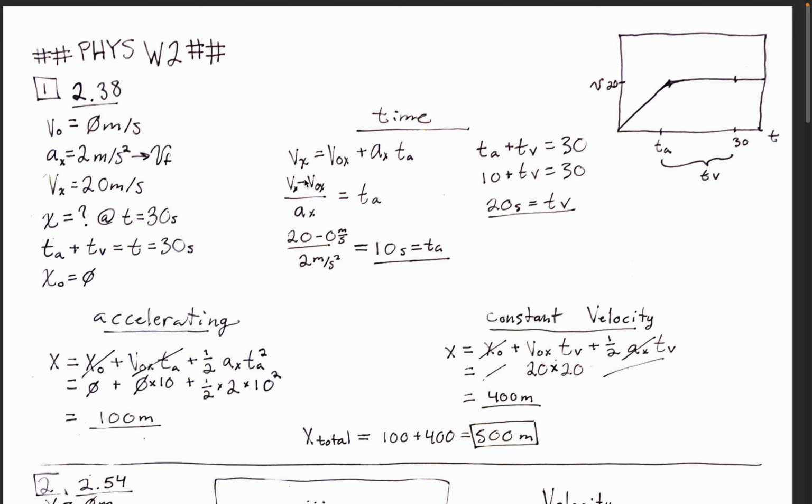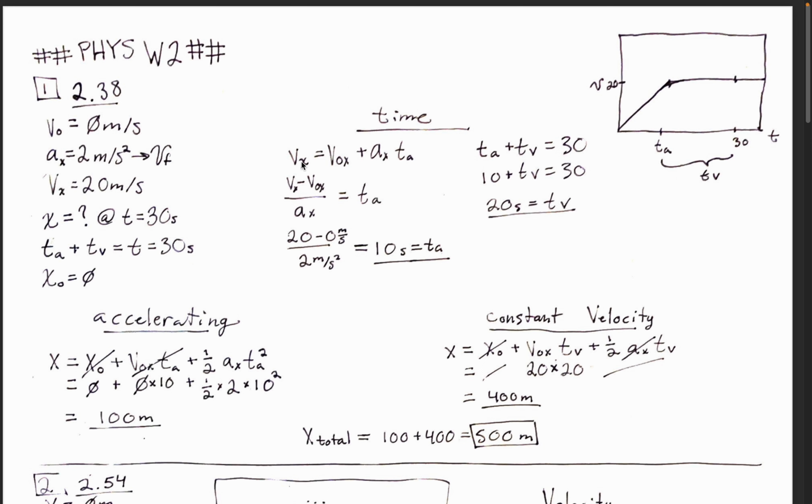So sometimes you'll see people say V sub F instead of V sub X. They're the same thing, it just means final velocity, and sometimes people will even just leave off that sub anything, and so they'll just leave it at V. And then over here, V naught, V sub 0x, sometimes people will say V sub 0. And this is the equation that we use, right?